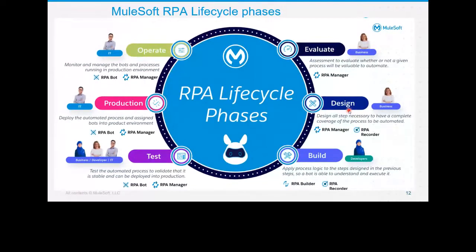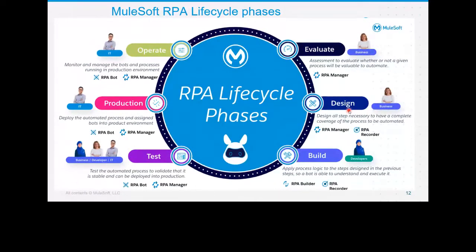Just like how you can create a trial account for Anypoint Platform, right now for RPA at least, you will have to reach out to your org admin, and they will add your user and give you the required roles. Once you get the invite, you should be able to log into the RPA manager and start using it. And from your RPA manager console itself, you will have the option to download the RPA builder, recorder, and all of that.